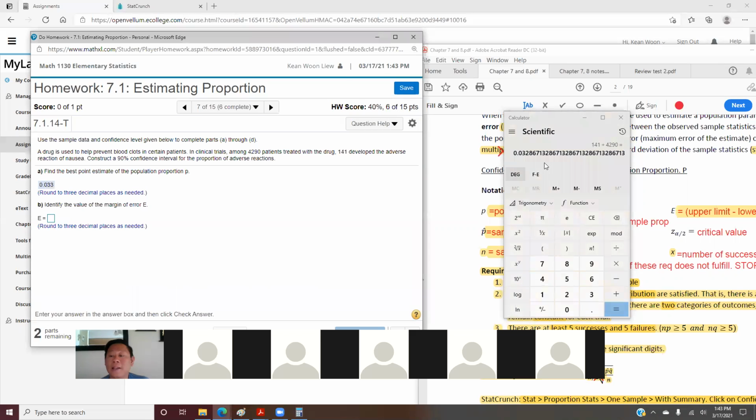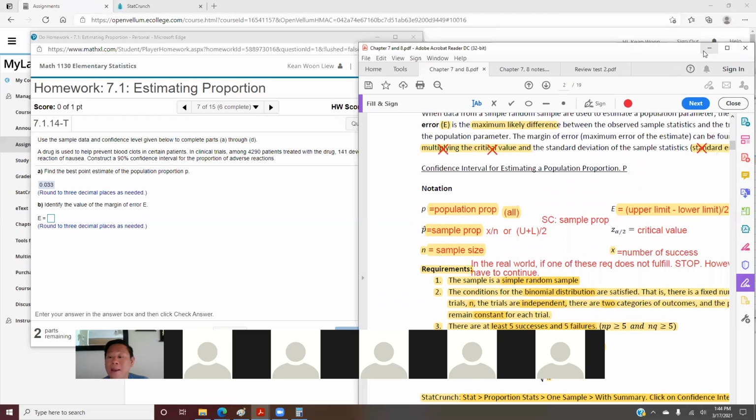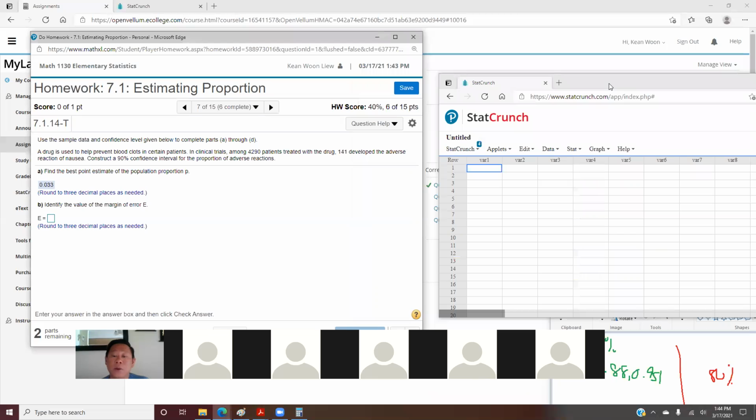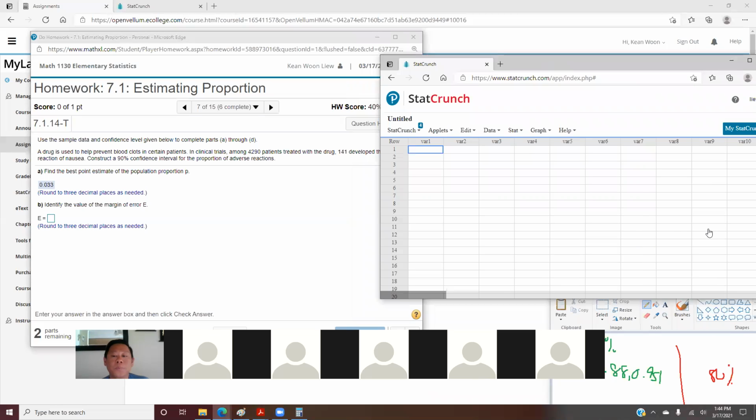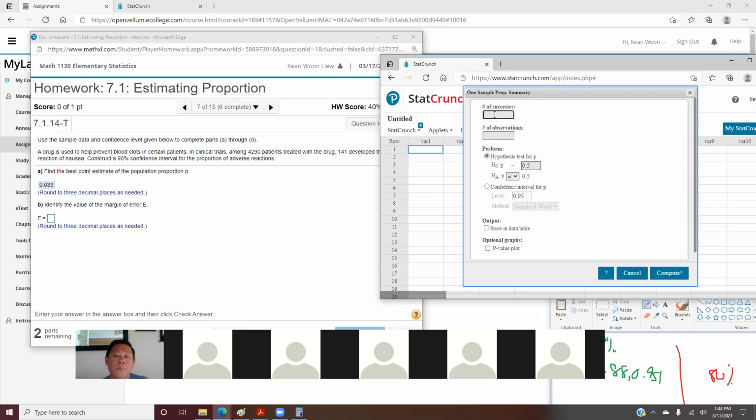How do you find E now? In order for you to find E, you need to take upper minus lower divided by 2, right? But unfortunately, we don't have that upper and lower, so you have to use StatCrunch. Stat, calculator, normal, one sample, with summary. Number of successes is what? 141.